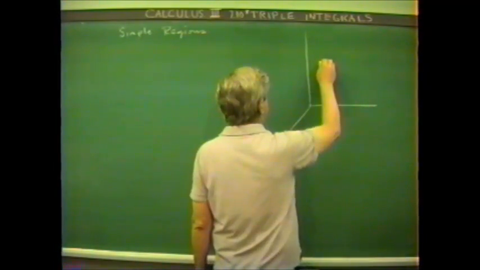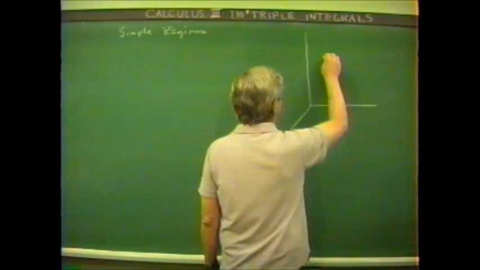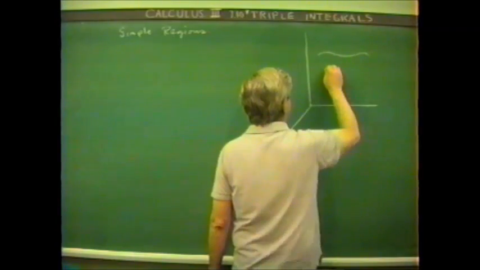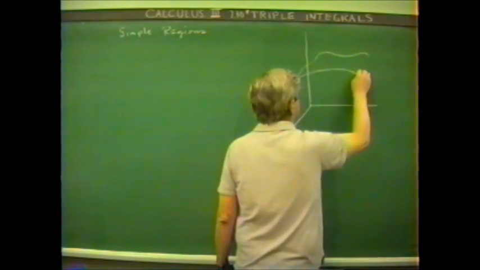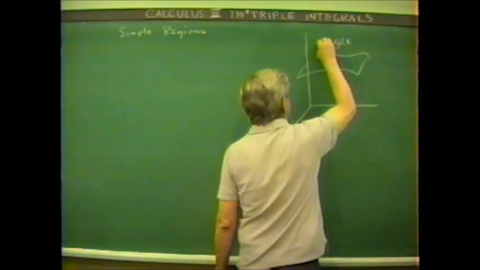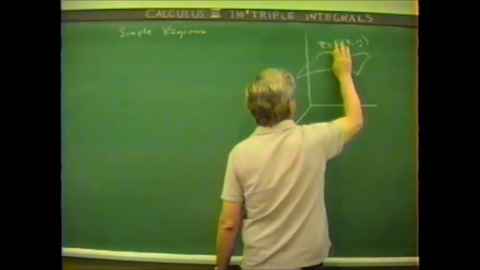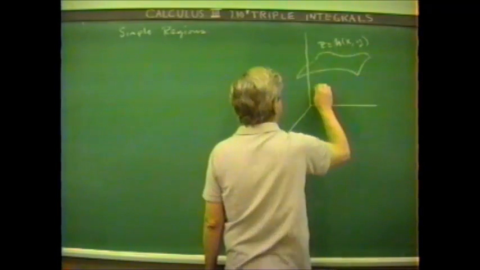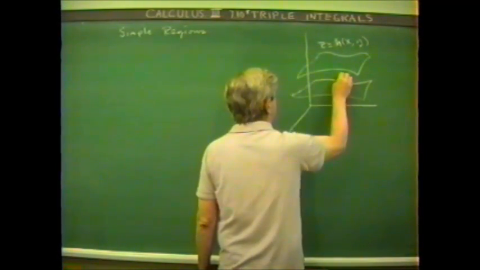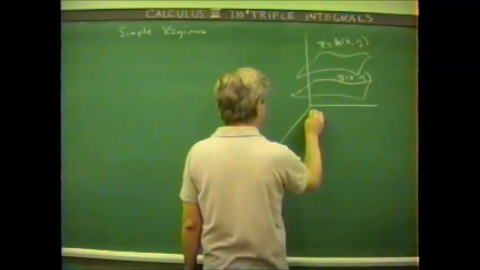If we've got a region in three-dimensional space, one way in which it can be simple is that it's between two surfaces, z equals g of x and y, and z equals h of x and y. Let's put h on the top. So it's between g of x and y and h of x and y.